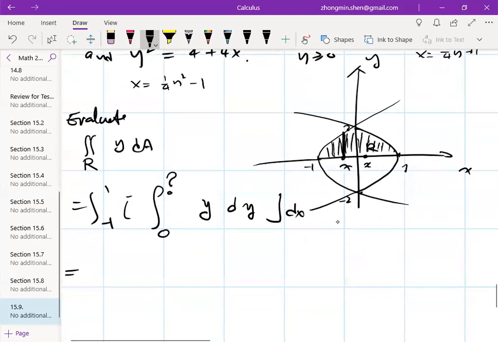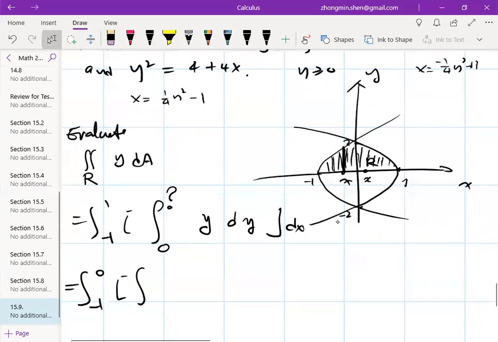It depends on the value of x, so I have to break this integral into two parts. For x between negative 1 and 0, the upper bound for the y value comes from y squared equals 4 plus 4x.